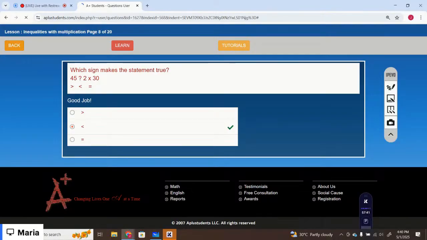So we were working on grade 5 math. The chapter we were working on is multiplication.